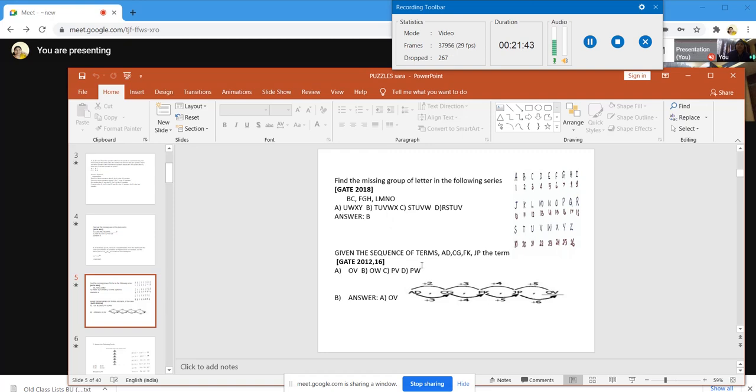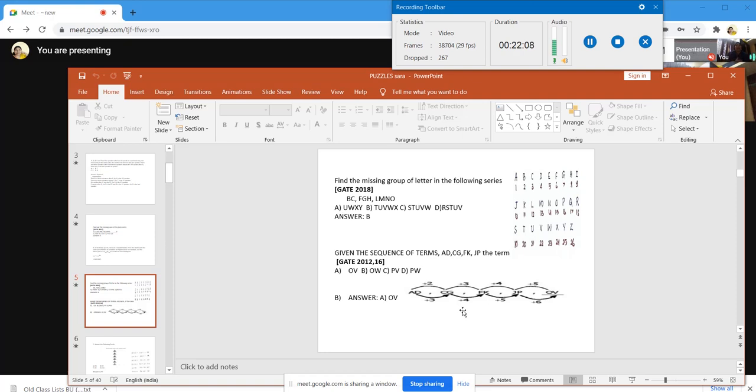So come to the next one. Given the sequence of terms: AD, CG, FK, JP. We have to find out what will be the next. I have shown a diagram for you which will be very clear. When you take AD, CG, A is related with C by adding 2, and D is related with G by adding 3.